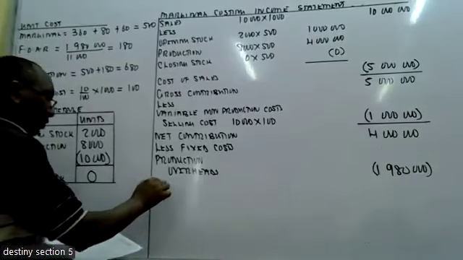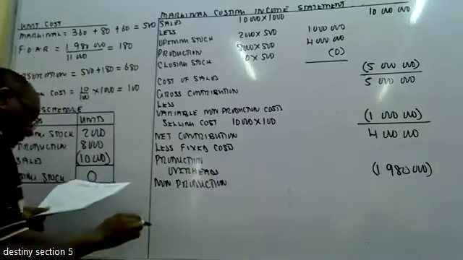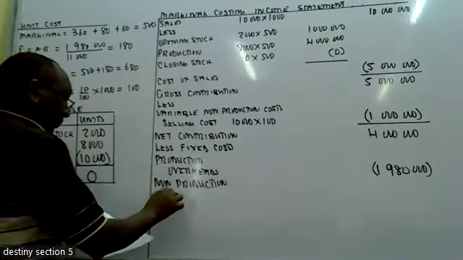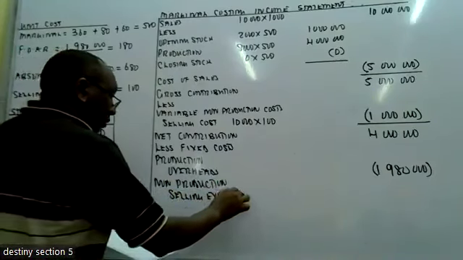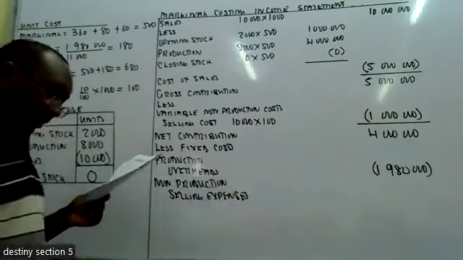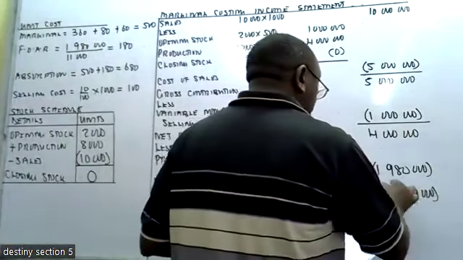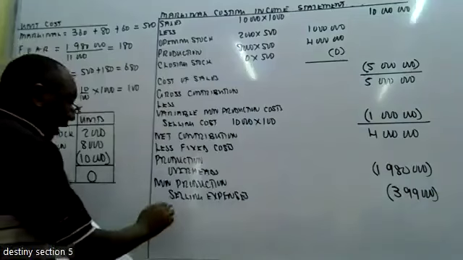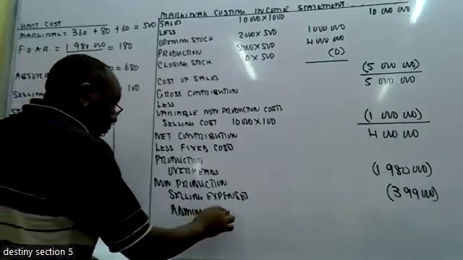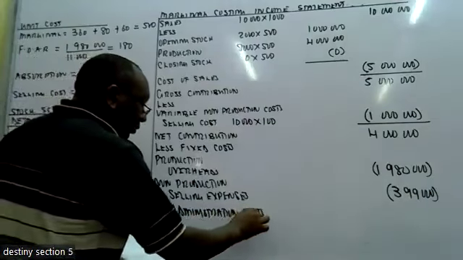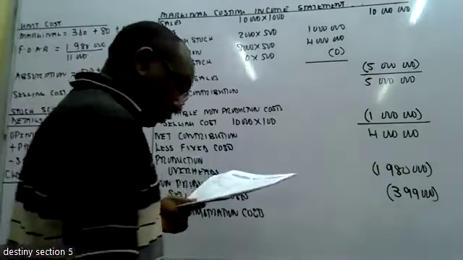Now we bring the non-production. So the non-production, the first one is selling expenses. So the selling expenses is 399,000. And administration costs, $500,000.